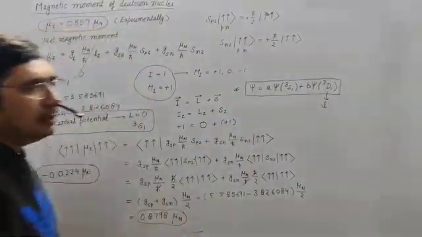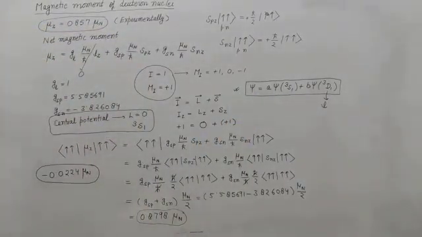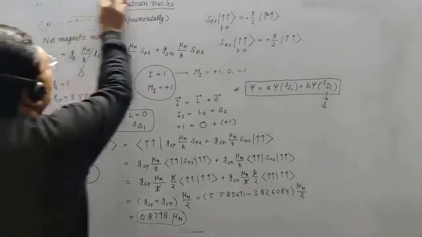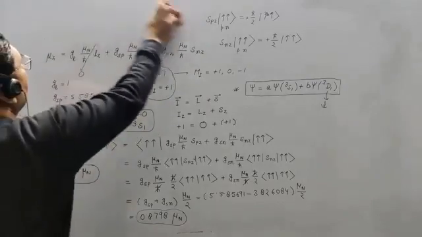Again, in the angular momentum article we concluded to this point, and again in the magnetic moment calculation we are coming to the same conclusion. Now next is the electric quadrupole moment of the deuteron nuclei.